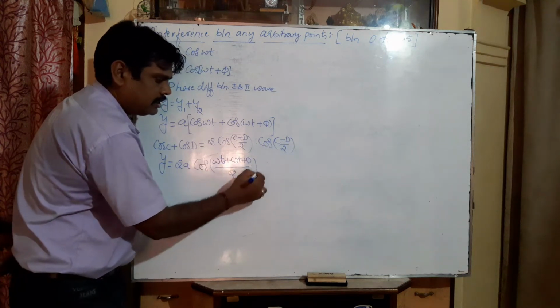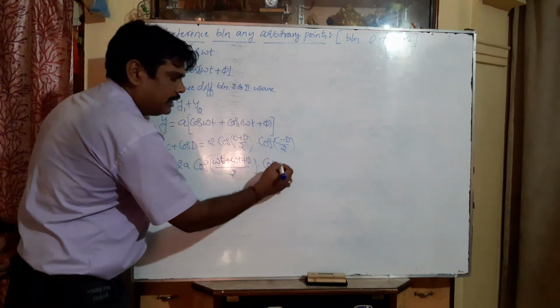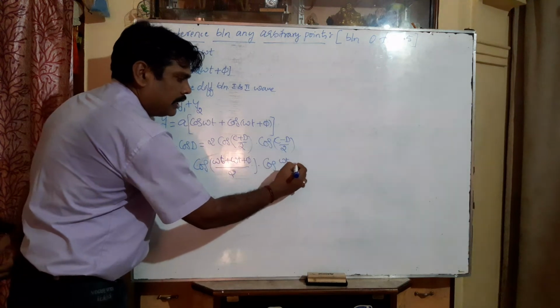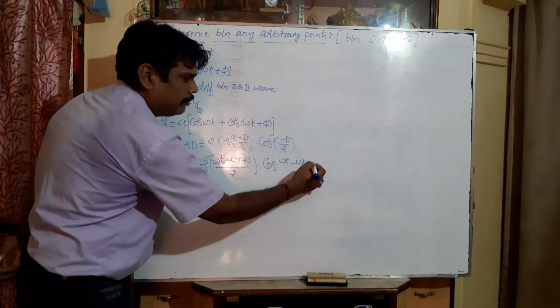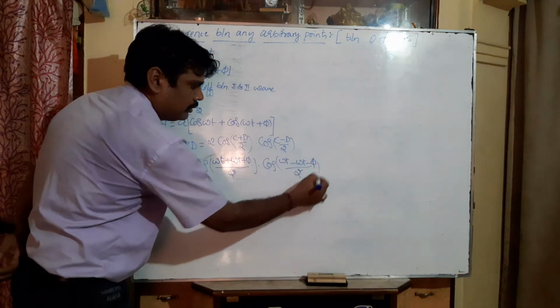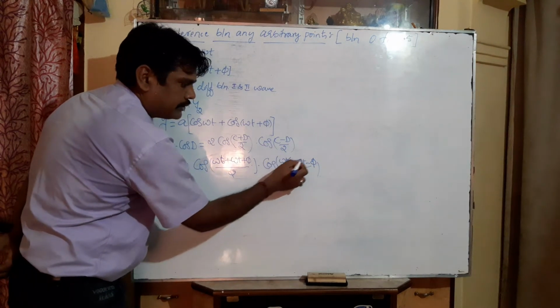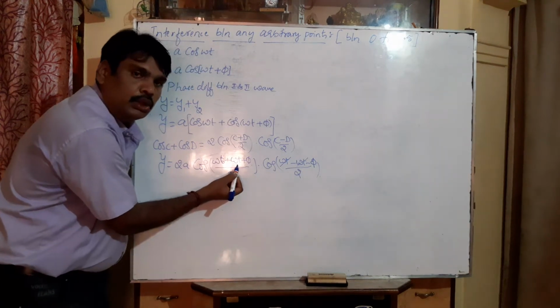This is the first cos term. Second cos term, cos of c minus d, omega t minus omega t plus phi, it will become minus phi whole divided by 2. So here omega t positive and negative get cancelled. Here omega t plus omega t is 2 omega t.